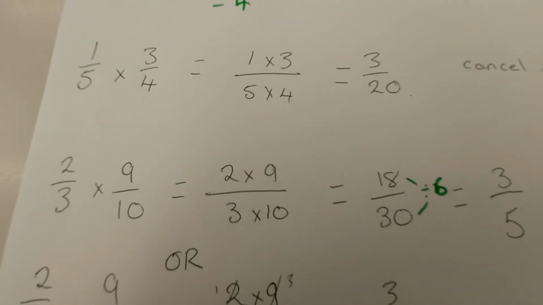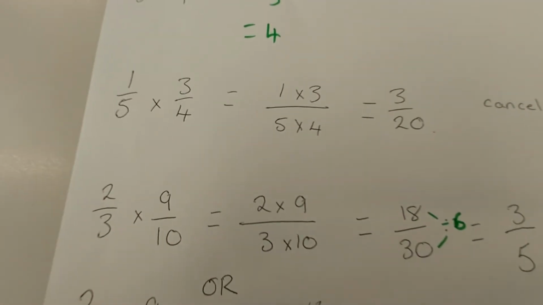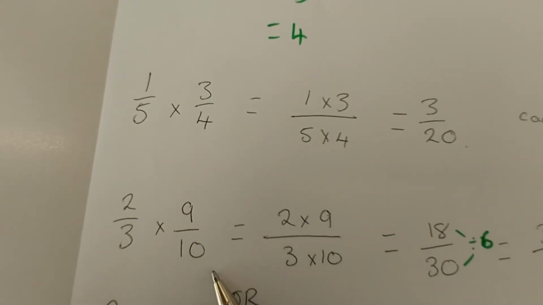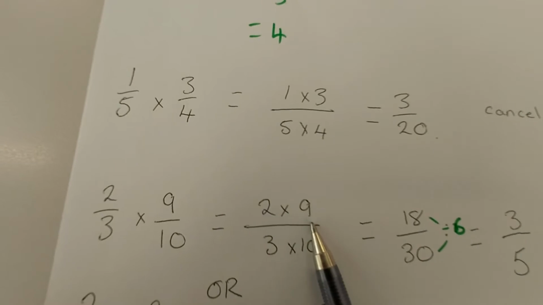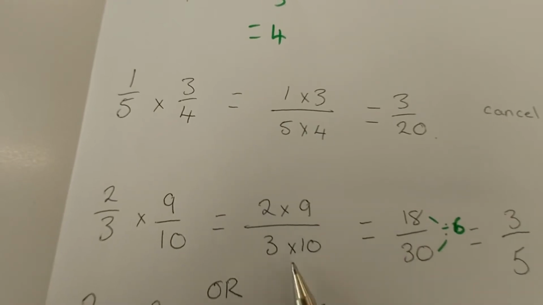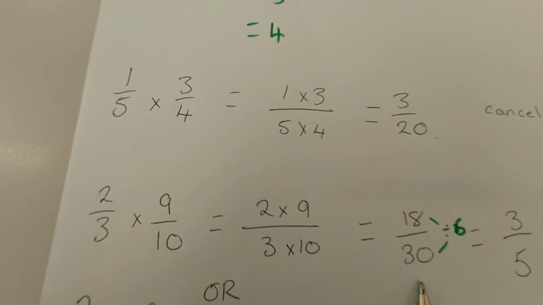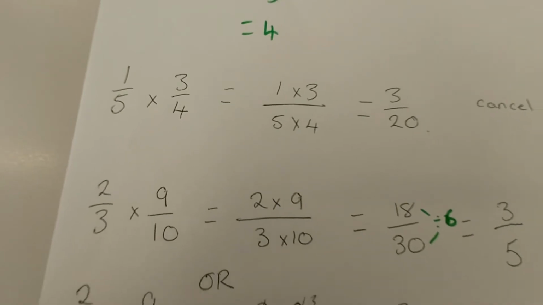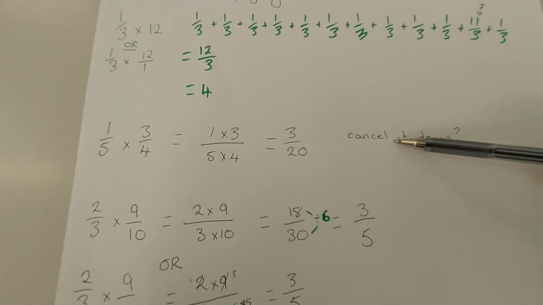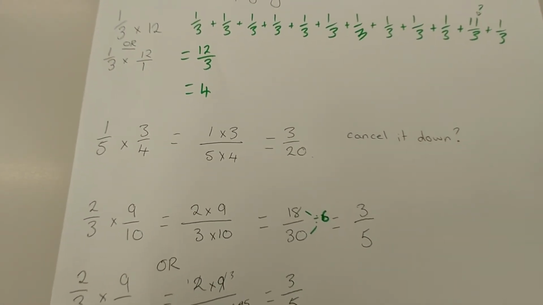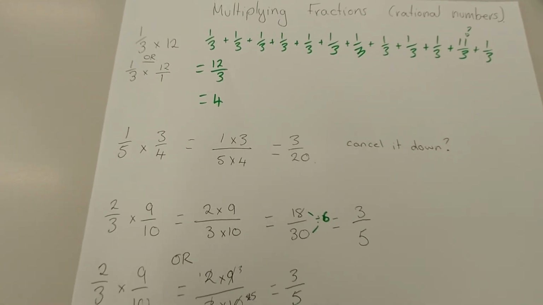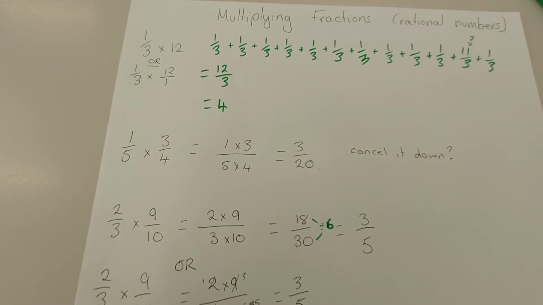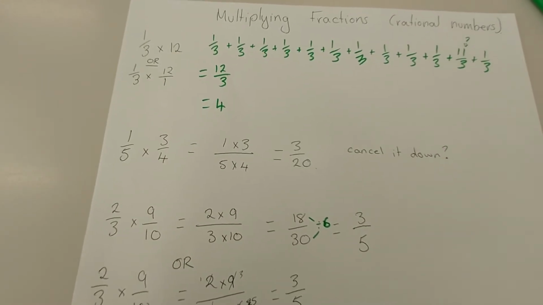Let's have a look at this next question. So I've got 2/3 times 9/10, and I'm doing that same thing. I'm timesing across. 2 times 9 gives me 18, and 3 times 10 gives me 30. Now, the difference between this question and the last one is I can cancel it down. Both of these numbers can be divided by 3, but also by 6.